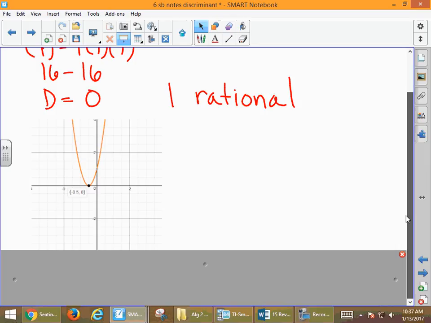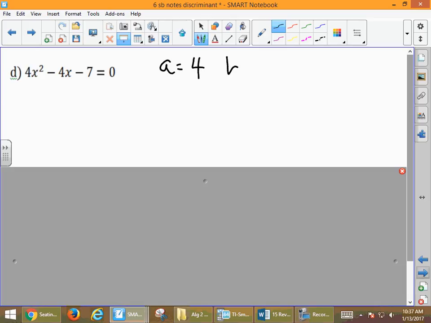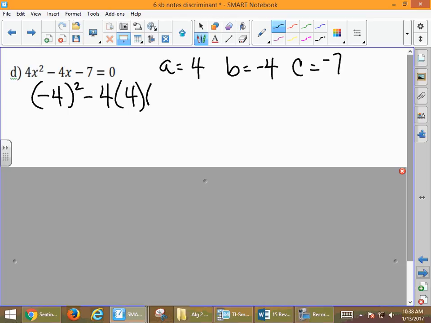Again, getting close to finishing here. When we look at letter D, we need to identify what A equals, what B equals, what C equals. A is 4, B is negative 4, C is negative 7. We're going to fill that back into the discriminant of b squared minus 4ac, no radical. Negative 4 squared minus 4 times a times c.